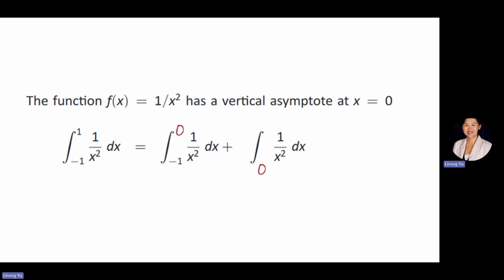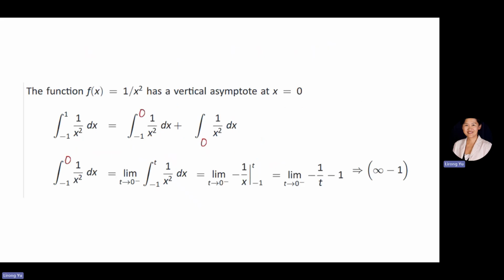So the integration of the function from -1 to 1 actually equals the summation of 2 intervals. Here you break down the interval into 2 parts: -1 to 0, then 0 to 1. So you have these 2 integrations and we're going to calculate them one by one.